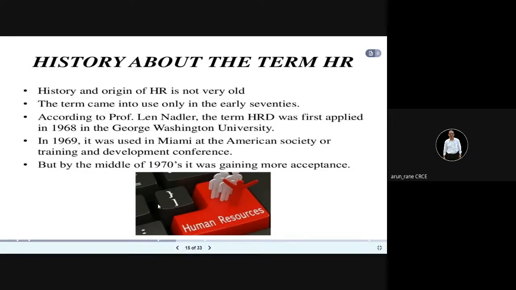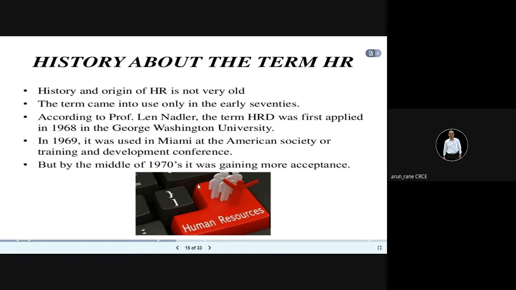So HR, as I said, is human resources. According to Professor Lane, the term HRD was first applied in 1968 at George Washington University.